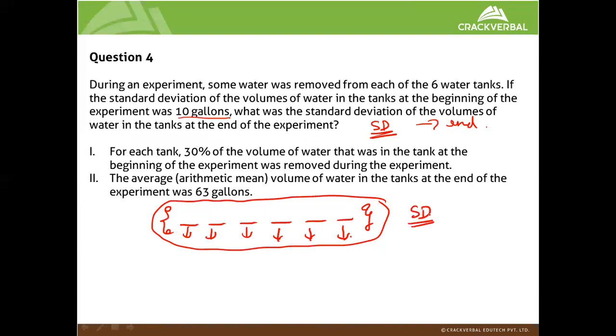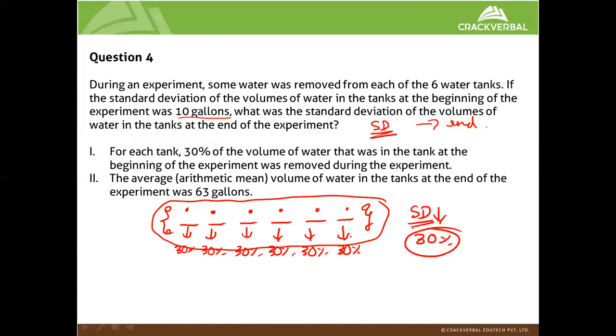So think about this, guys. The rule is, whenever we remove any quantity from each element of the set, if I remove the same quantity from every element of the set, the standard deviation is going to remain the same. But here we do not know what are the individual volumes in each of the water tanks. But I know that if I remove 30% from each, then the standard deviation for sure is going to reduce by the same value of 30%.